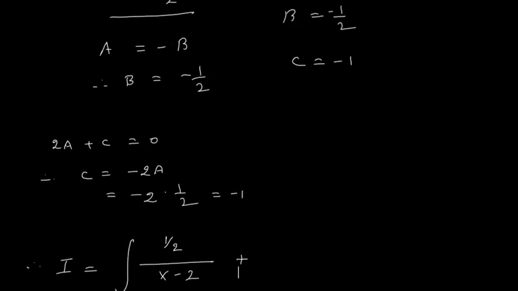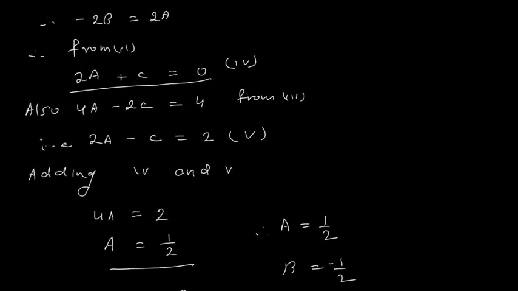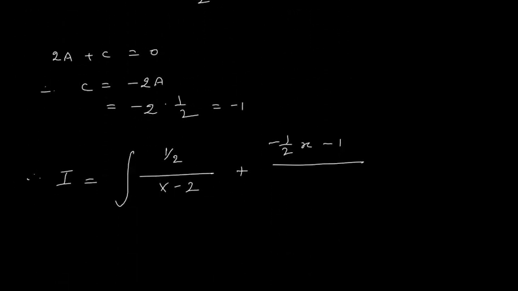The value of b is minus half, so it is minus half x, plus the value of c is minus 1. So here it is bx plus c divided by the denominator x square plus 4, into dx.